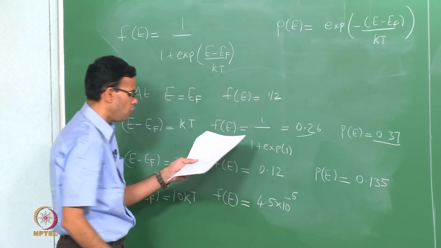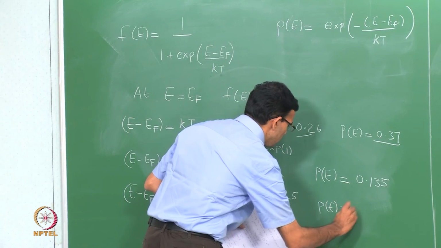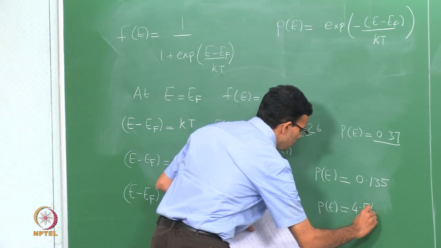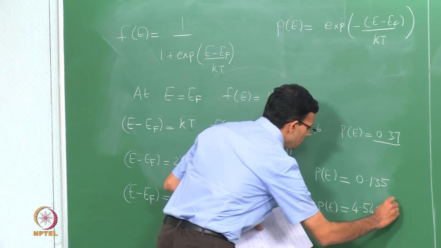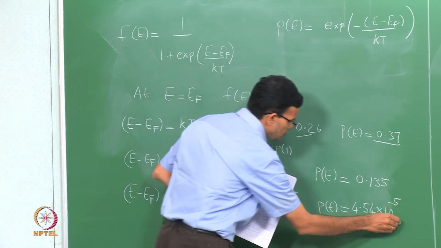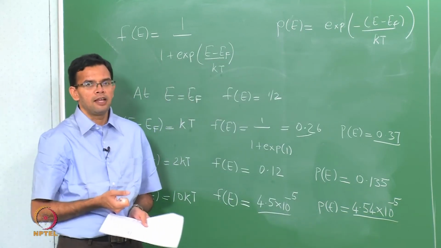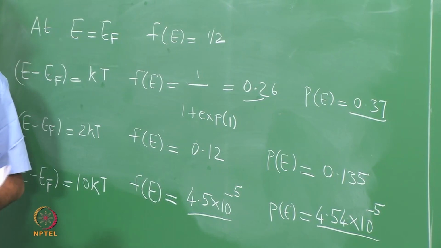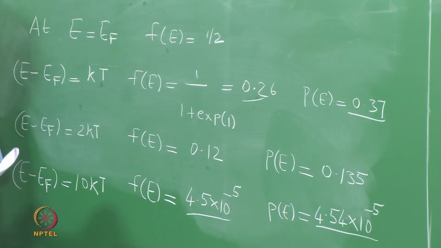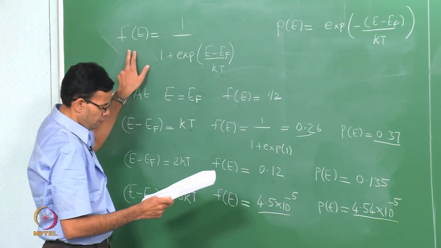And if you look at the Boltzmann approximation, it is very close. So, already 0.25 electron volts above the Fermi energy, we can easily use the Boltzmann approximation instead of f of E.